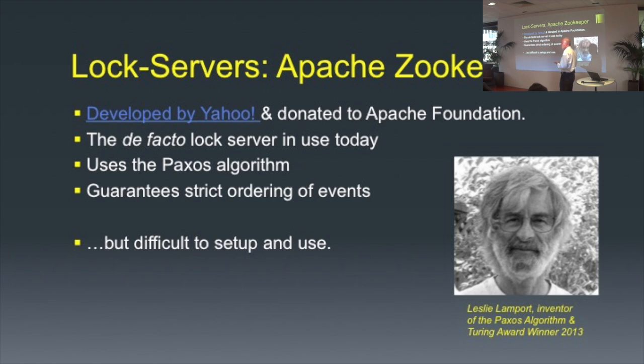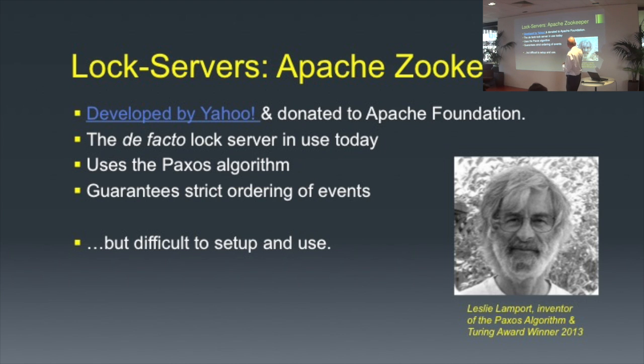Zookeeper was the one that first really came out in the wild. It was developed by Yahoo, and they donated it to Apache. And it's become kind of the de facto lock server that's used in a lot of distributed systems. It uses this thing called the Paxos algorithm, which is the algorithm whereby all of the different services in Zookeeper can agree on who is the leader, who are the followers, and those kinds of things.